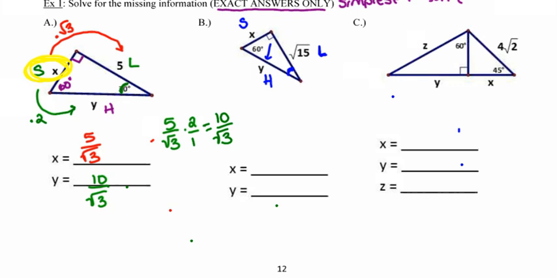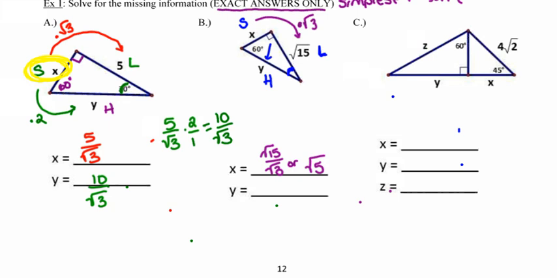So once again, they've given me the length of this longer leg, and I know that I get from the length of the shorter leg to the length of the longer leg by multiplying times the square root of 3. So to undo that multiplying by square root of 3, I'm going to simply divide by it, making the length of the shorter leg root 15 divided by root 3, or square root of 5.